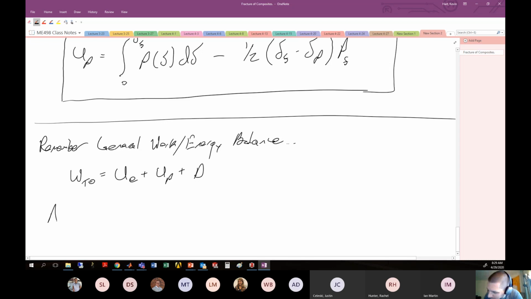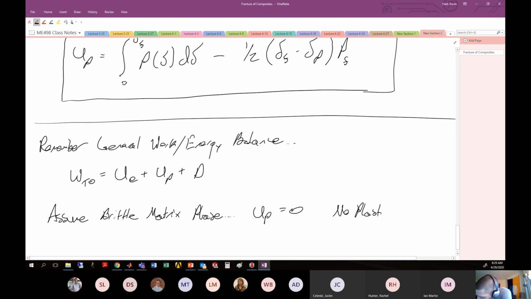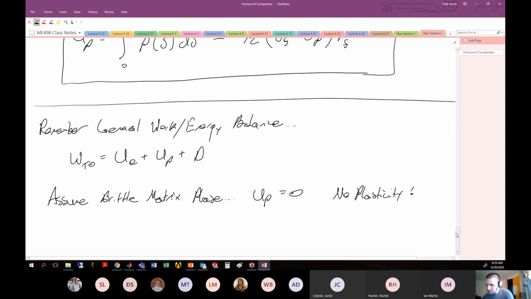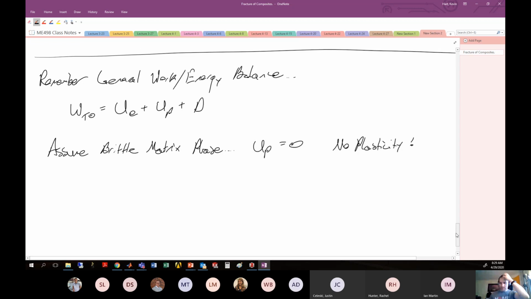So here, let's assume a brittle matrix phase, such that the plasticity is equal to 0. So there would be no turnover in the load displacement curve.